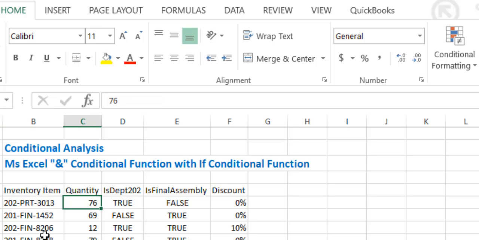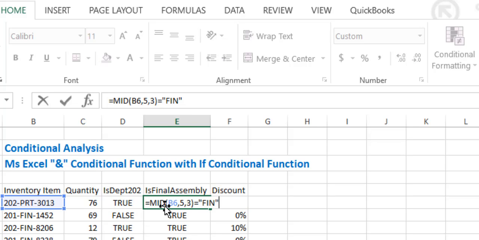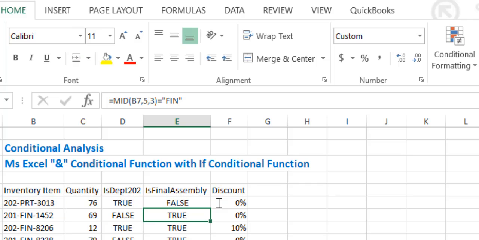We will do it this way: MID B6 comma, begin after leaving 5 characters, see if the 3 characters are equal to fin. This is the second condition, which is separated with the help of true or false.